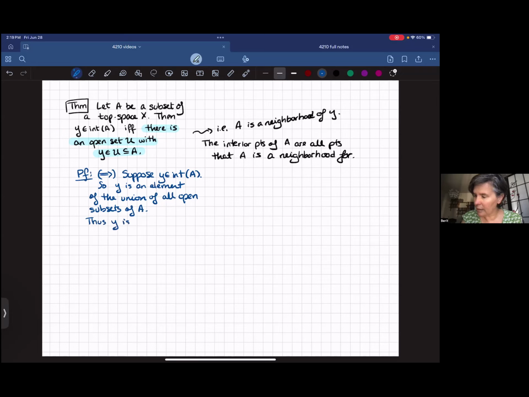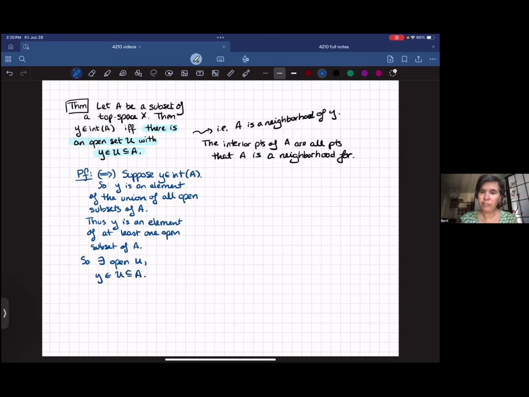Thus y is an element of at least one open subset of A. Well, that's actually in words what I have there highlighted in blue. y is in some open subset of A, okay? So there exists open U with y in U subset of A.